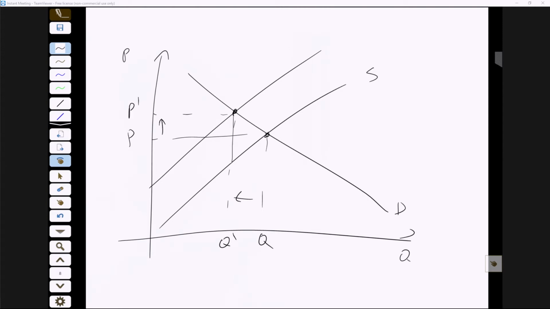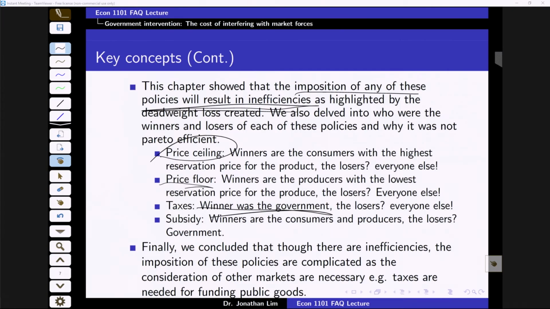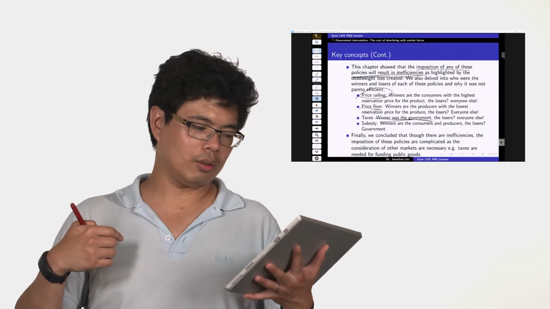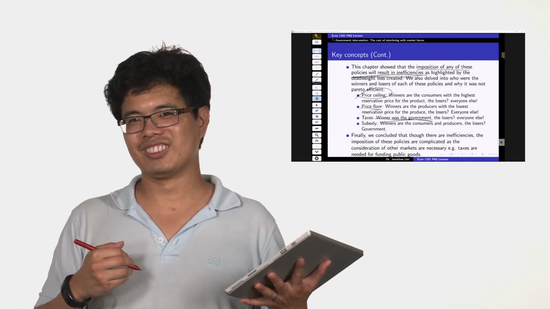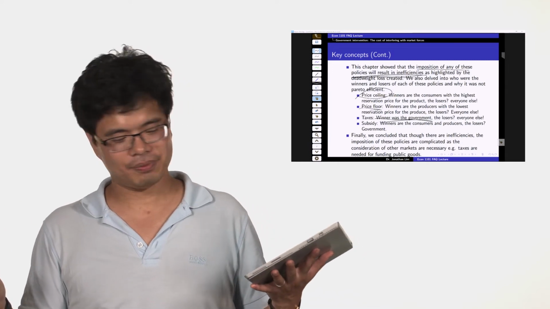And then we know that this triangle here was a deadweight loss. So again, who are the winners and the losers? Well, both consumers and producers are losers because consumers consume less, producers produce less. And the winner was the government, because they get tax revenue.